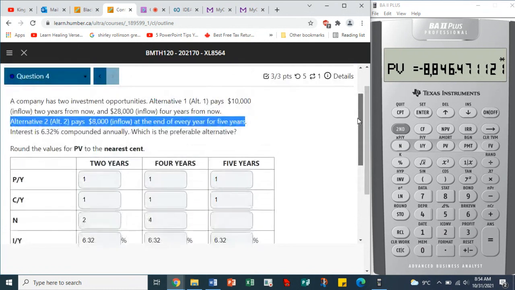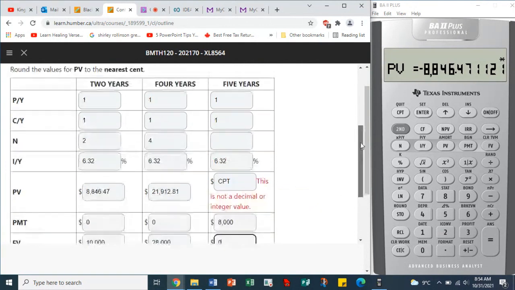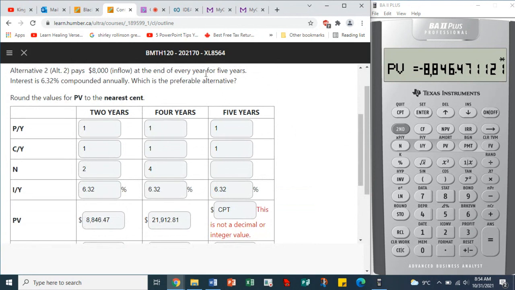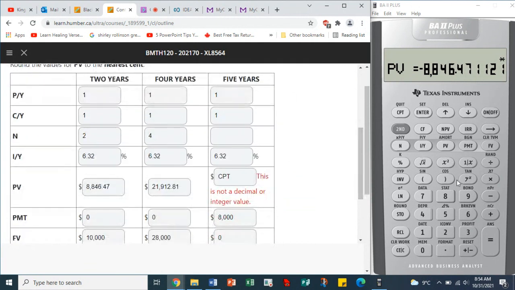So it pays $8,000. So there is a payment, and that payment is $8,000 at the end of every year for 5 years. So the future value is 0 and it's for 5 years. So the numbers are the same except the 5 now will go to calculate N. So N will be the value of 5.